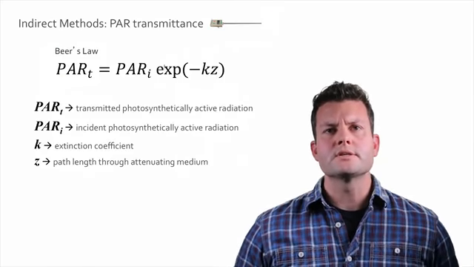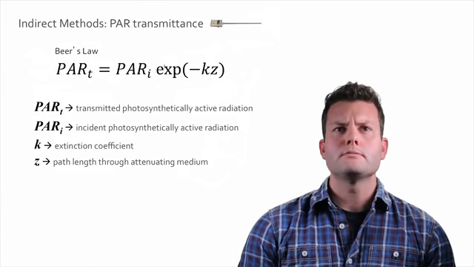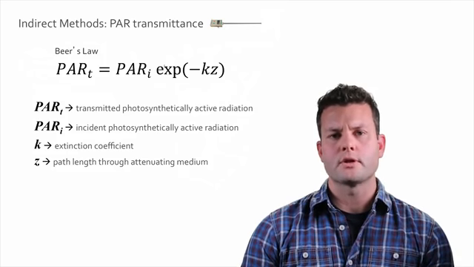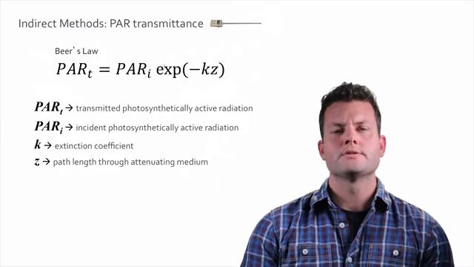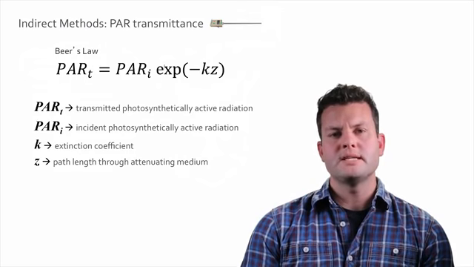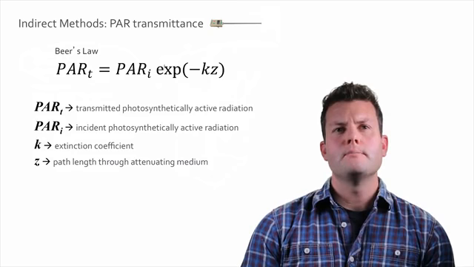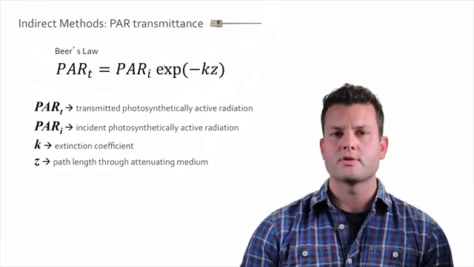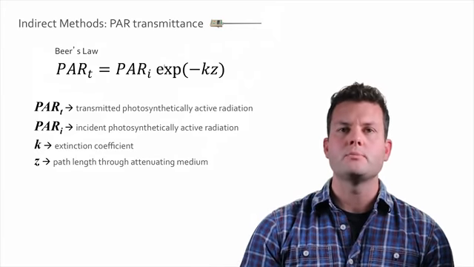And indeed there is, and this is formalized by Beer's law. For the purposes of leaf area index, let's consider this form of Beer's law, where we're dealing with light energy in the form of photosynthetically active radiation, or PAR. PAR sub T is transmitted PAR, so this might be what we measure at the bottom of the canopy. That's a function of how much incident PAR we have, so how much photosynthetically active radiation is incident at the top of the canopy.